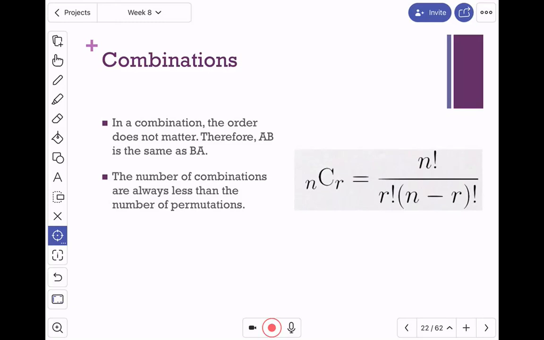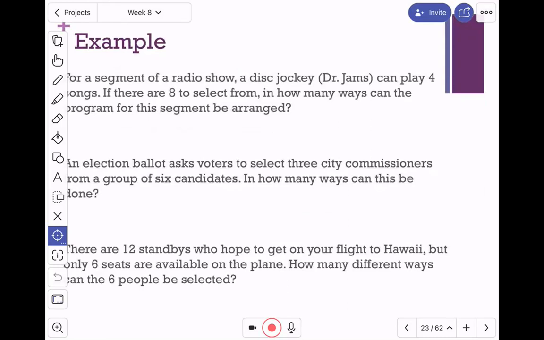I'm only interested in those 3 spots now. The combination is different because now it has this r factorial. What r factorial is saying is, now I have 3 spots. How many different ways can I rearrange those 3 spots? It's a different formula, but it's based on the same concept. The thing you need to know is you need to be able to establish the difference between a combination and a permutation. They are different.